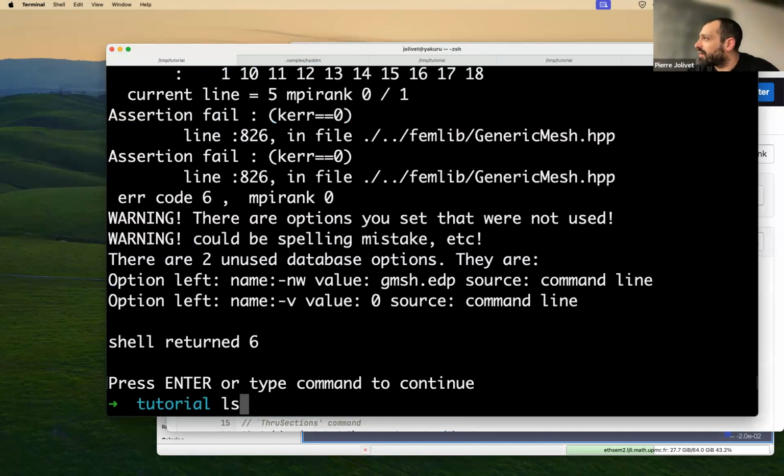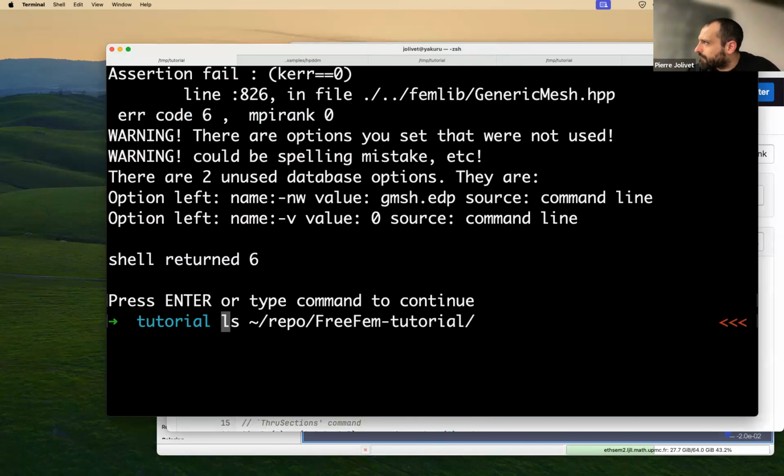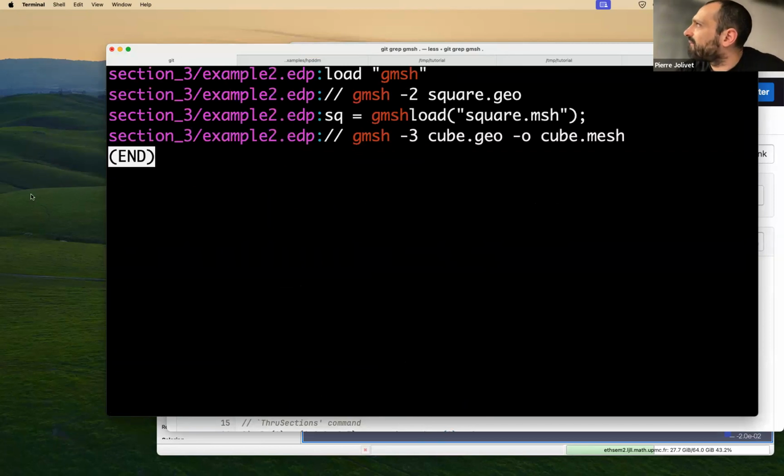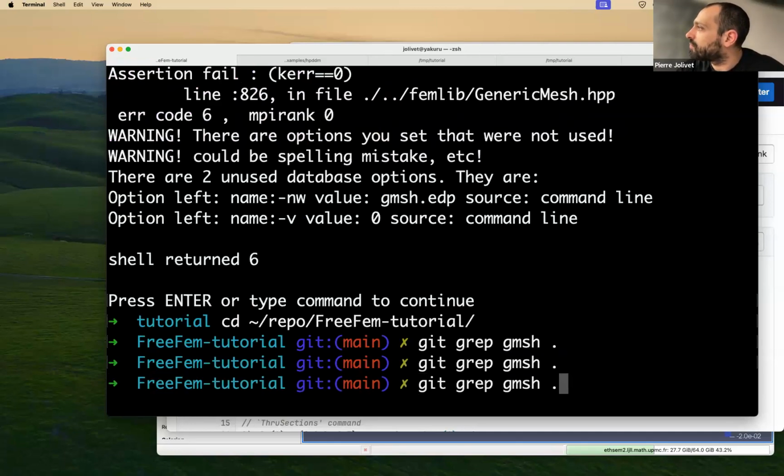Yeah, let's try something. Repo, FreeFem source. No, FreeFem tutorial. Let's try this.